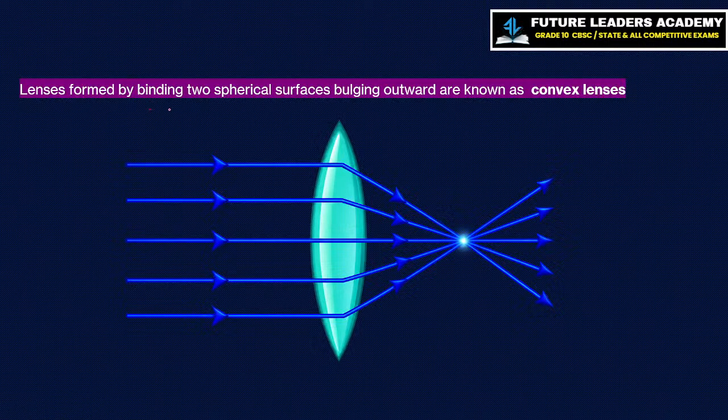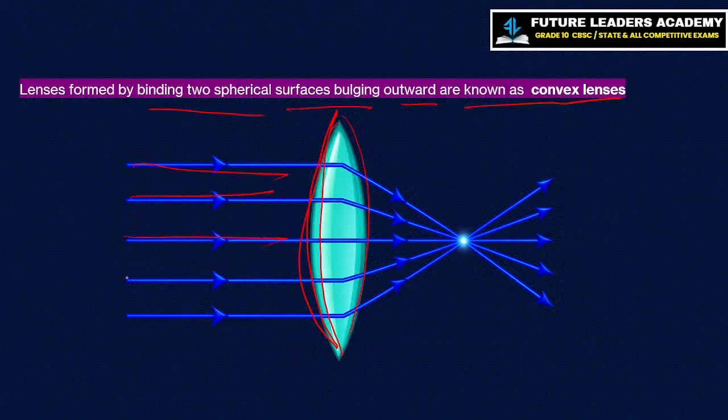Lenses formed by bending two spherical surfaces bulging outwards are known as the convex lens. Now, bulging outwards, we make it like this, we made two and joined them, and we get a lens. Right. So when the light rays are parallel to the principal axis, all are meeting at what?